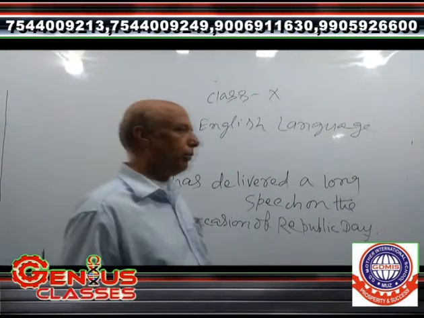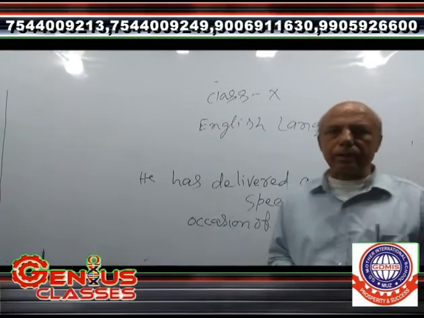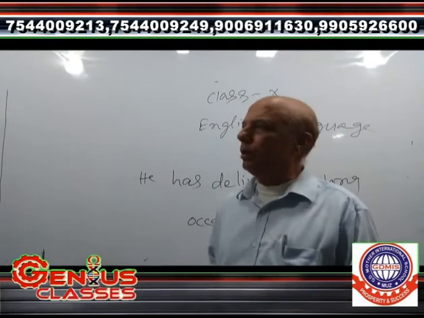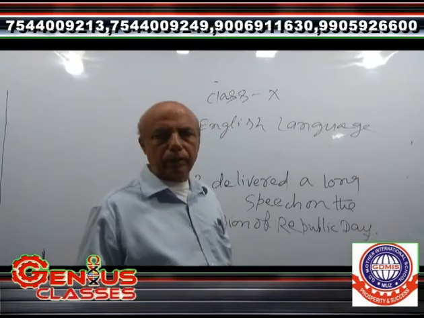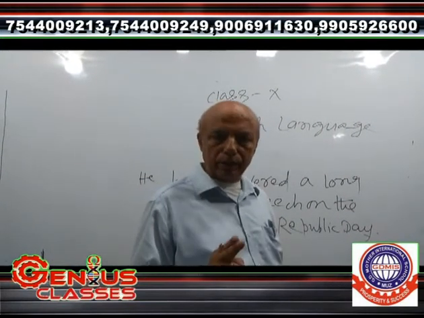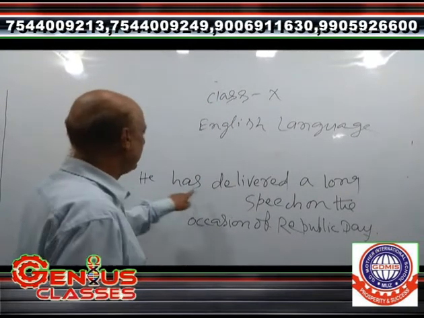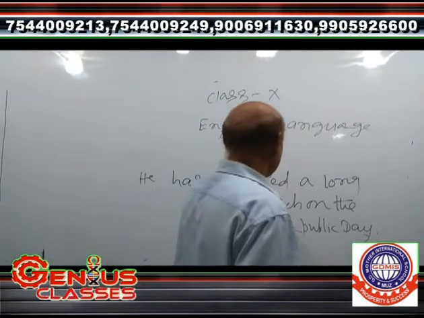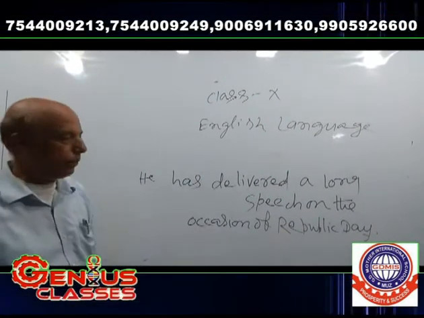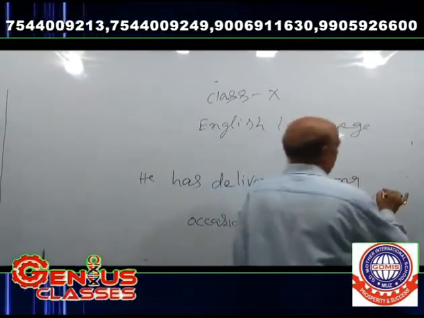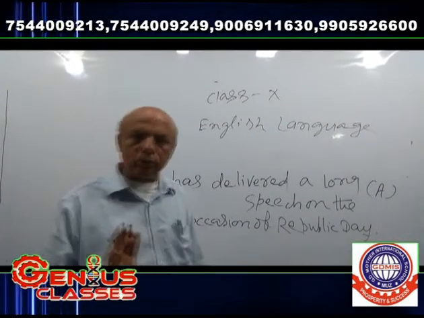Again I am telling you, whenever we change from active into passive of present perfect tense, in that situation been is used. He has delivered a long speech on the occasion of Republic Day. It is in active voice. It is to be changed into the passive.